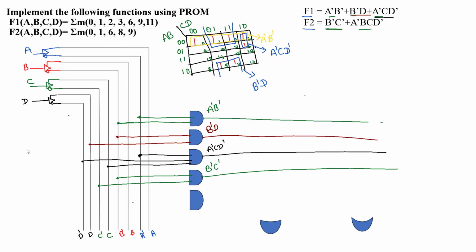To distinguish this, we can choose different colors. So the first connection here is with A dash. The second one is B, so we take the second wire. Next we have C, so we take the third wire. And the last one is D dash.